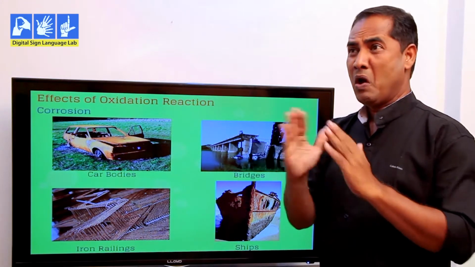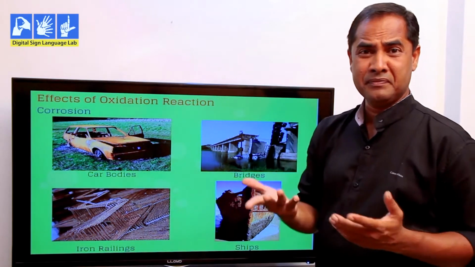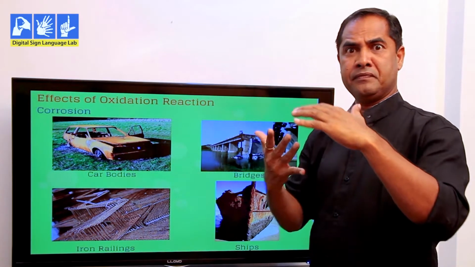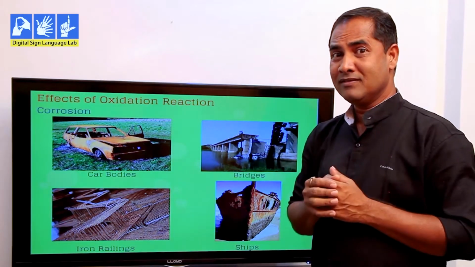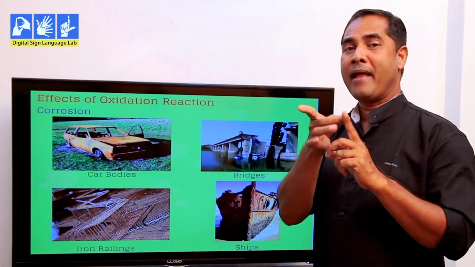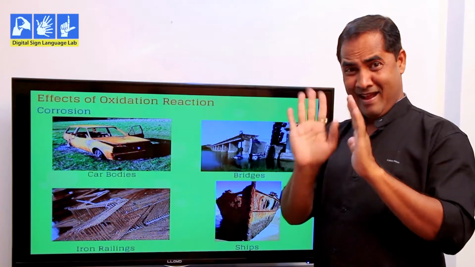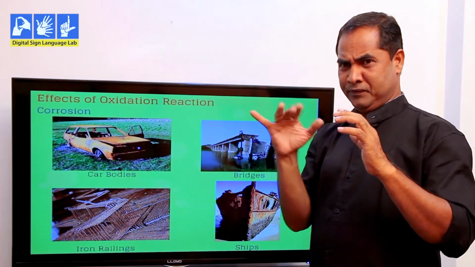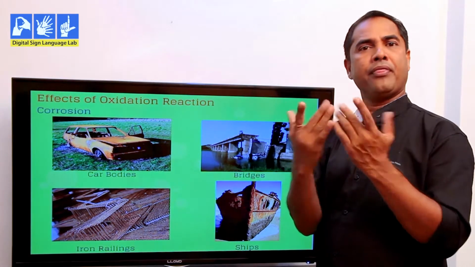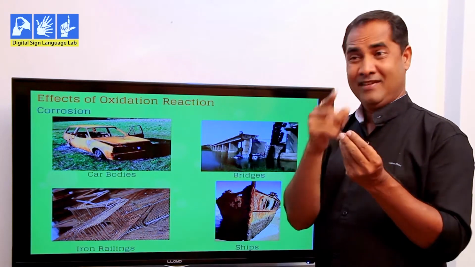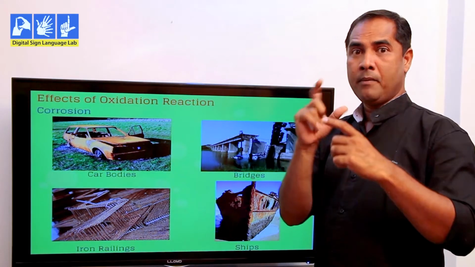So you must have seen old cars and buildings falling down and bridges falling down. What exactly is the reason behind that? That is corrosion of metals because of presence of oxygen, and metal loses its strength after corrosion.